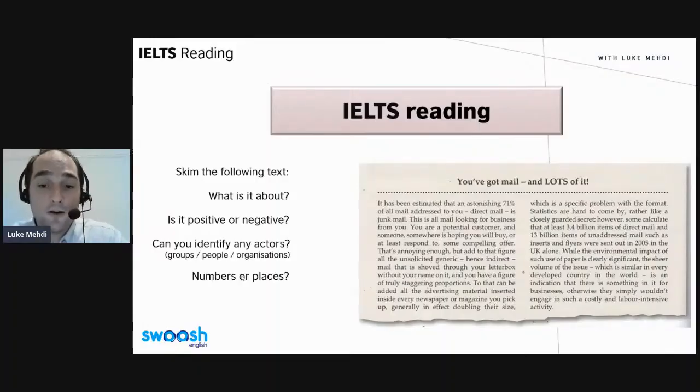So there's a lot more printed advertising in newspapers and magazines.